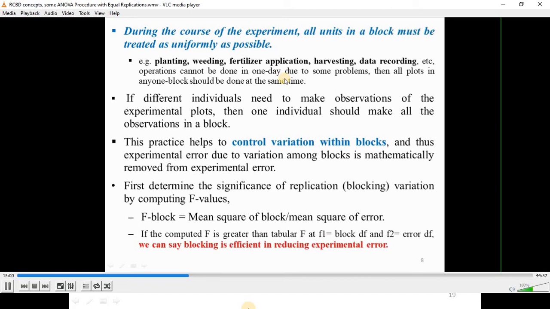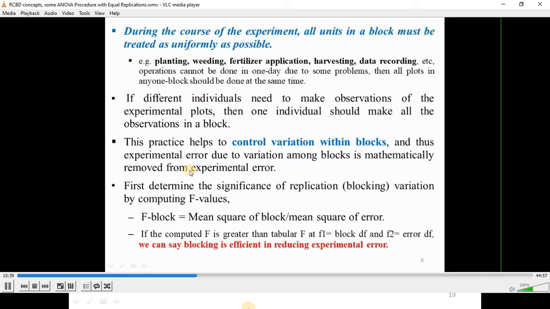If you have five blocks and five different individuals who are assigned to apply fertilizer in every block, then one individual should apply the fertilizer for all treatments, for all experimental units in a block. Similarly, all other individuals should finish similarly.